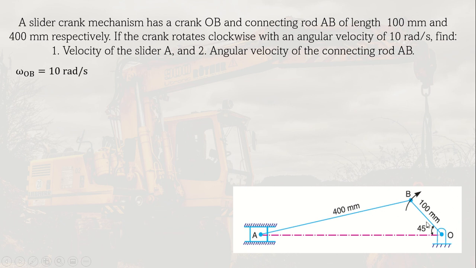All of these points have the same angular velocity. So point P will also have the same angular velocity, which is 10 rad per second. Then the velocity of point B, which is found in that same crank, would be the distance of point B from the center of rotation multiplied by the angular velocity. So we can get the absolute velocity of B, which is 1 meter per second.